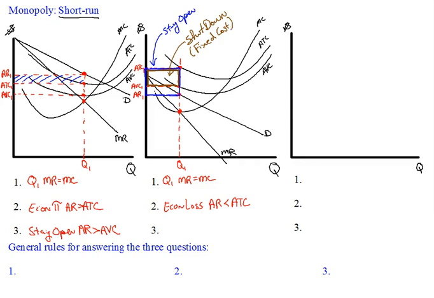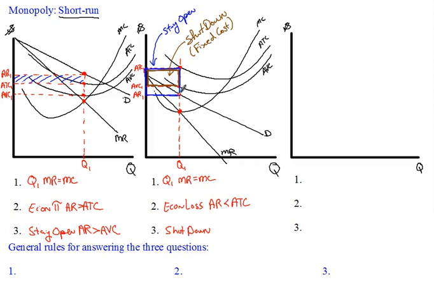So what can we say? What's the answer to question number 3 down here? Will the firm stay open or will the firm shut down? They're going to shut down, because if they shut down, their losses will be smaller. They'll only have to pay the fixed cost losses instead of paying the losses if they keep producing.